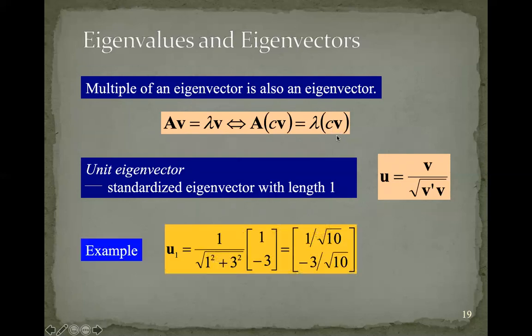Standardizing it, I need to take the vector we found, 1 minus 3, and standardize it to a length of 1, so divide by the square root of the sum of the squares of both entries. In this case, that becomes 1 squared plus 3 squared, taking a square root. So we find a standardized eigenvector equal to 1 out of root 10 and minus 3 out of root 10.